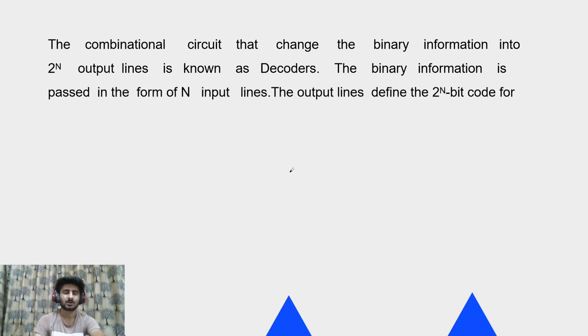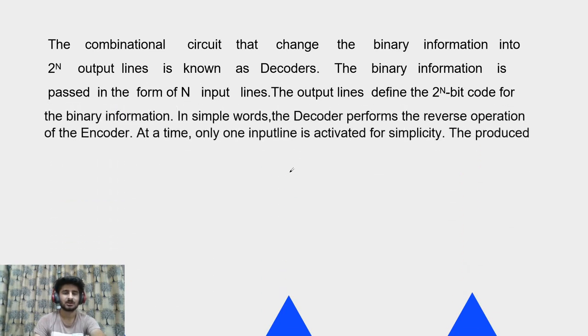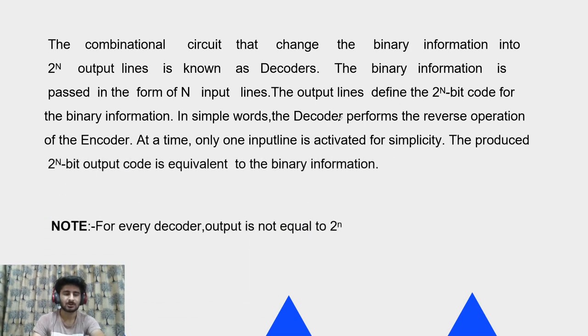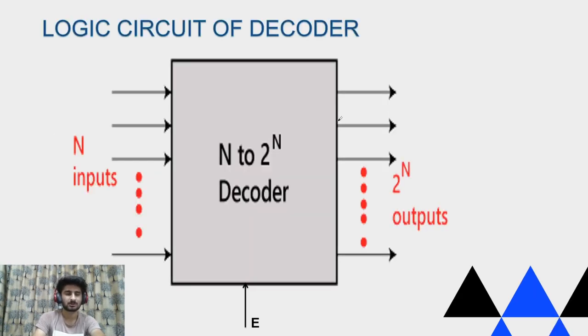It is just like a demultiplexer, and it performs the reverse operation of the encoder. For every decoder, the number of output lines is not always equal to 2 raised to power n; it is generally equal to or less than 2 raised to power n.